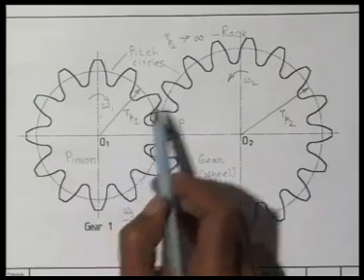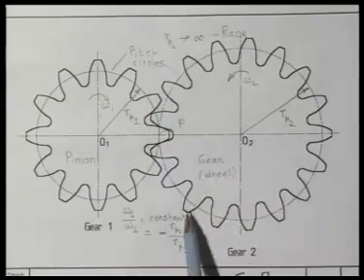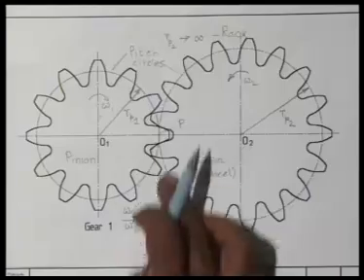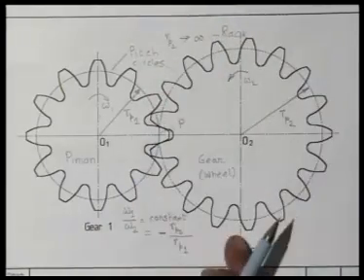And this is the pinion which can also engage the rack, where this rp2 is infinity and we have a straight line instead of this pitch circle.